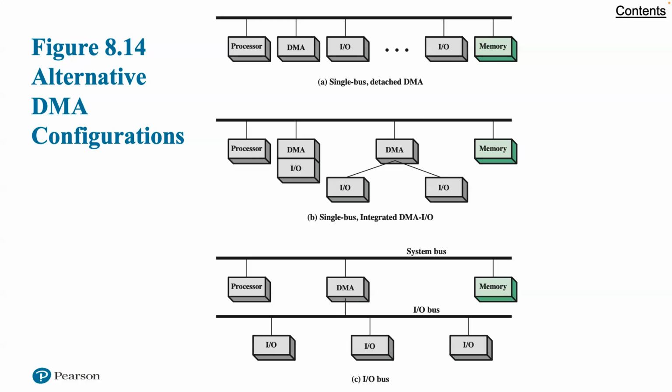In both these cases, that is figures 8.14b and c, the system bus that the DMA module shares with the processor and memory is used by the DMA module only to exchange data with memory. The exchange of data between the DMA and the I/O modules takes place off the system bus.